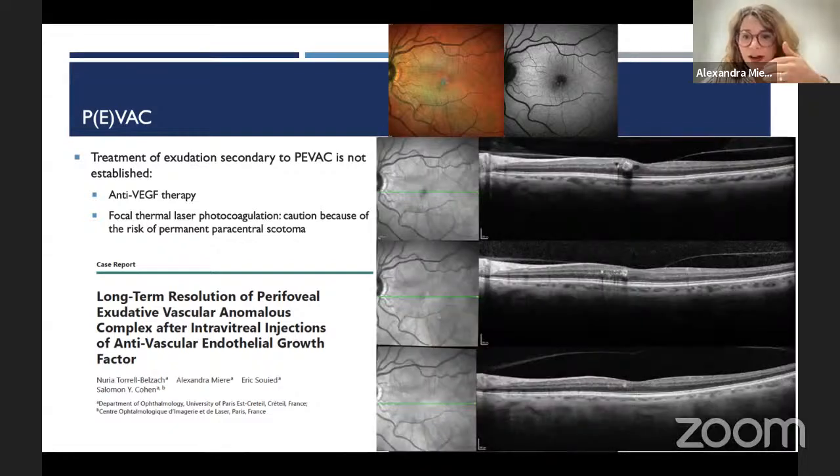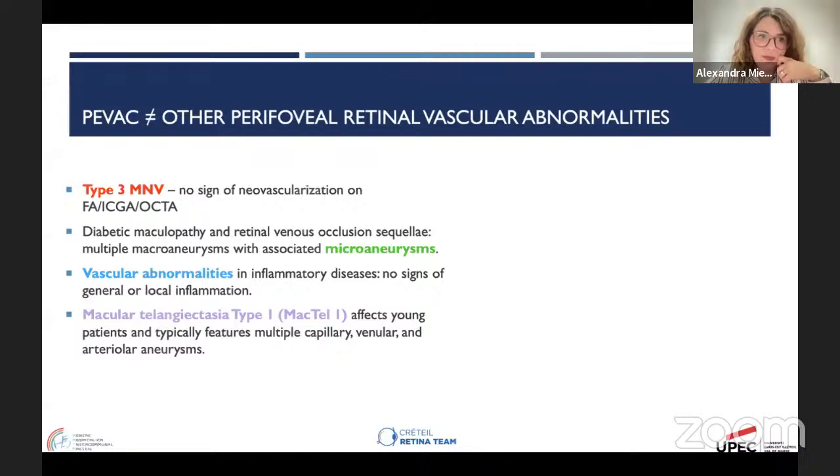And this is his 5-year follow-up, and you can see that the PVAC is really occluded at 5 years follow-up, and there is no more fluid since the first 3 injections. Unfortunately, not all cases progress this way, and sometimes we do focal thermal laser if the patient does not respond to anti-VEGF, but the risk-benefit ratio has to be chosen very, very carefully in these cases.